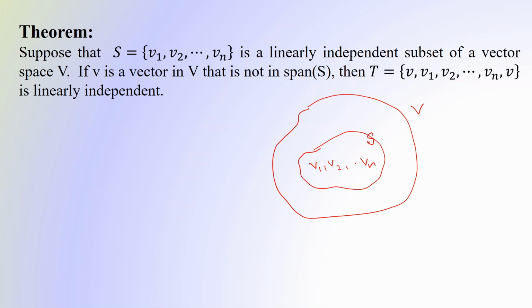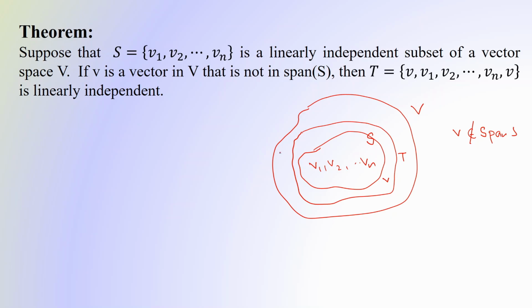This is the set S. If v is not in the span of S, then when you add this v into another set, this T is linearly independent.